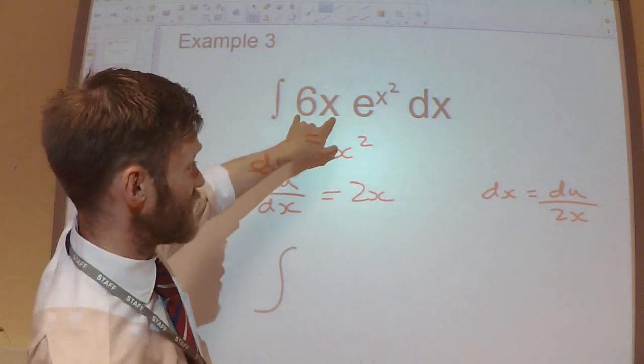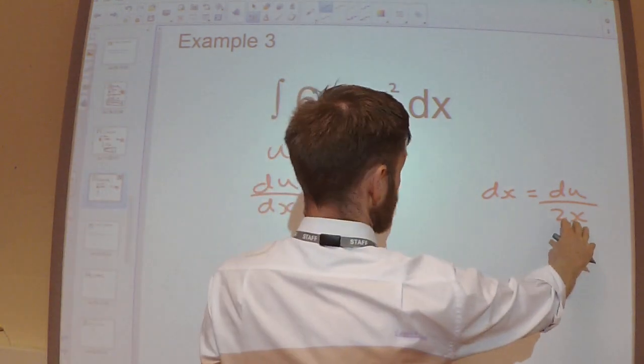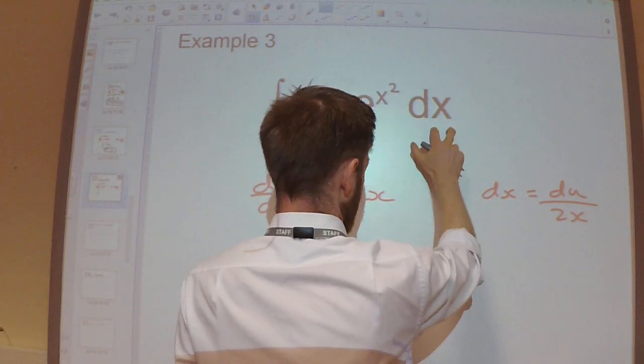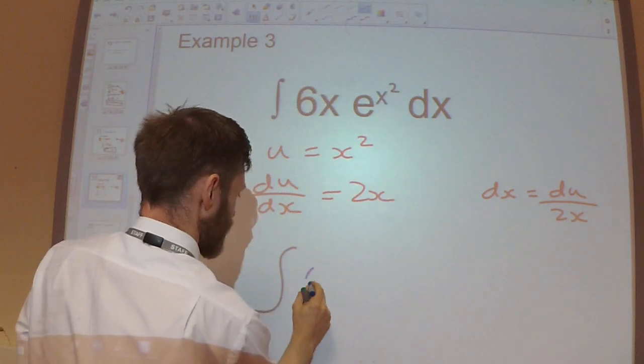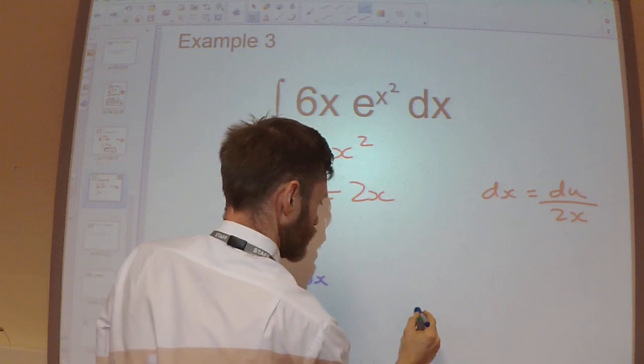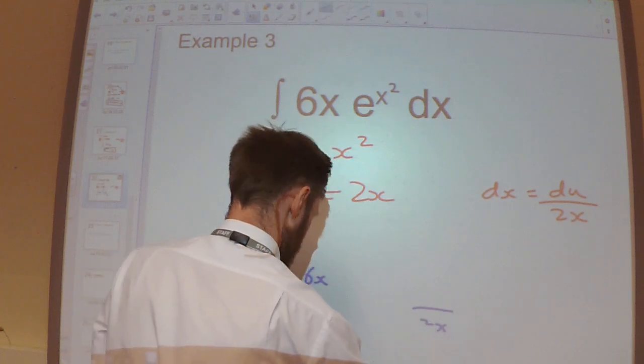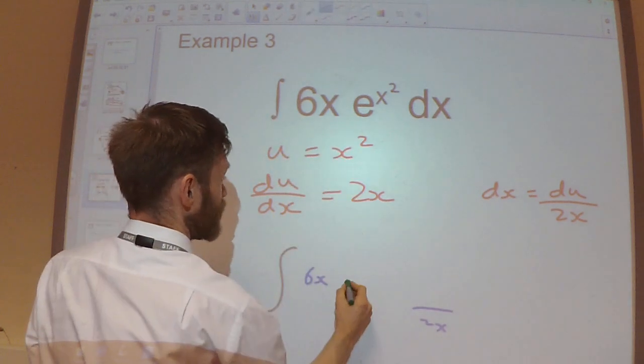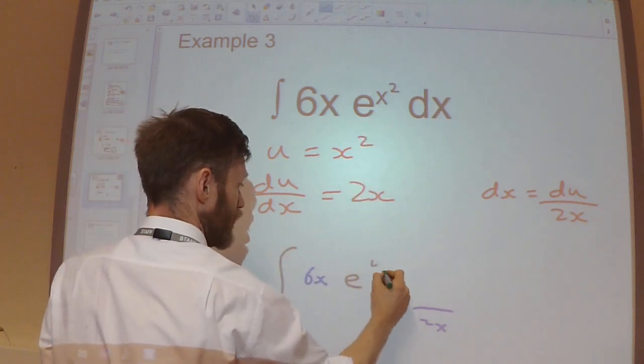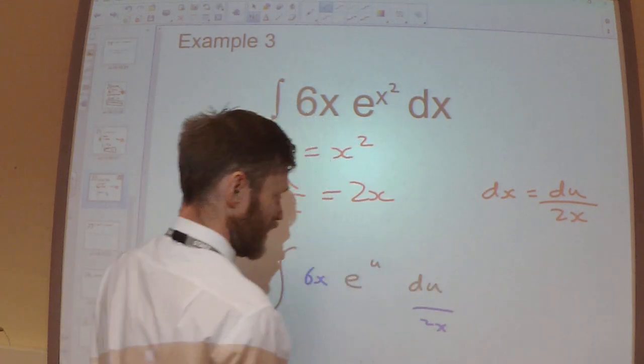Right, I can see I've got a 6x here and a 2x on the denominator here. So those would cancel out. I'll just write them in there for now, but I know they're going to cancel out in a minute. And I'll just be left with the e to the power u du.